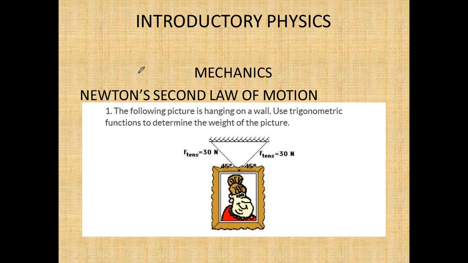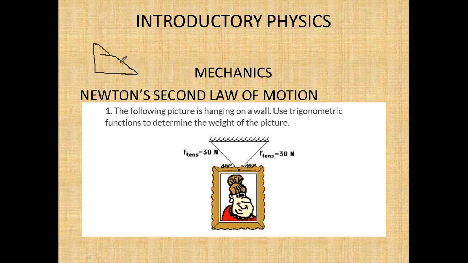If we use this side, then this is the tension in the cable. And we're going to resolve the tension in that cable into its horizontal and its vertical component.